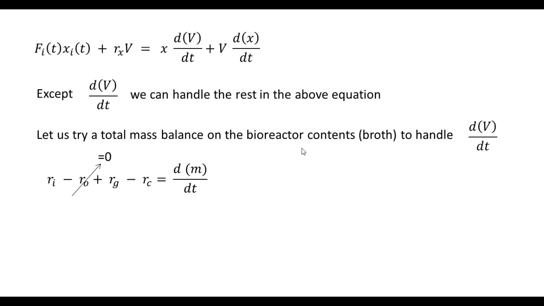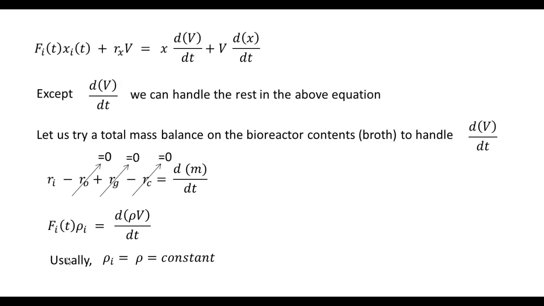If we do that, in the total mass balance, there is no output, there is no generation of mass, there is no consumption. All these terms go to 0, and therefore Fi(t) times rho i, this is total mass, equals d/dt of rho V, this is total mass again, density times volume.